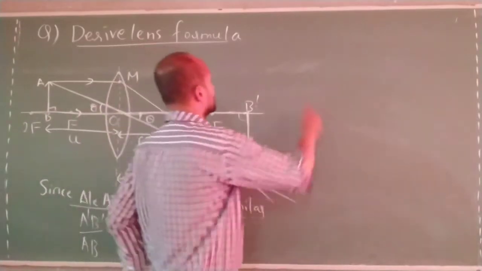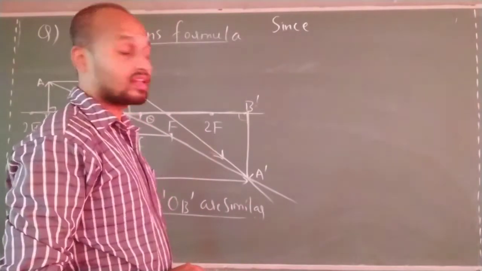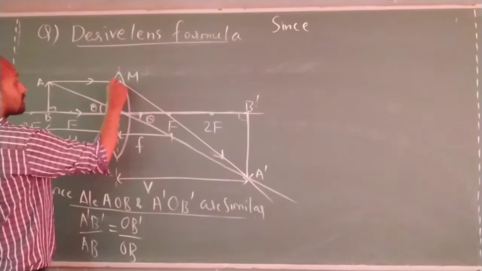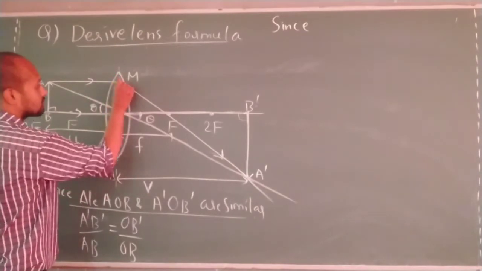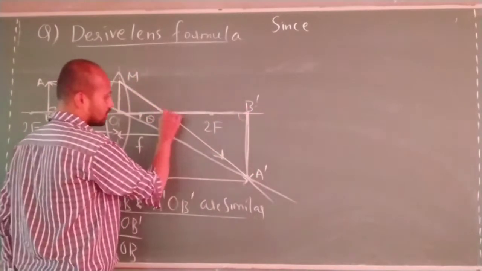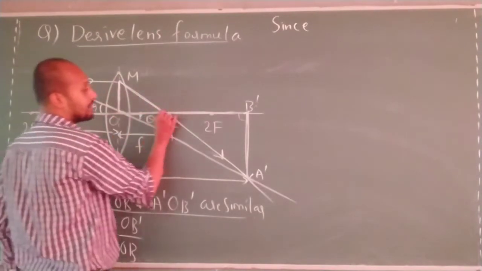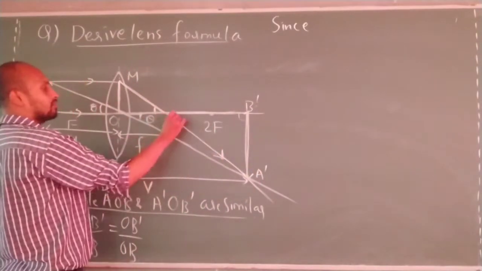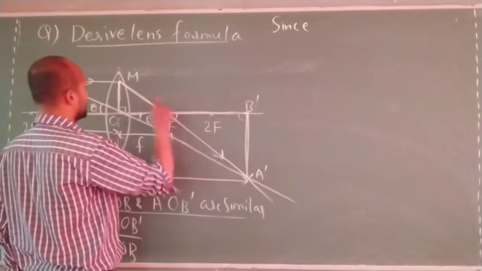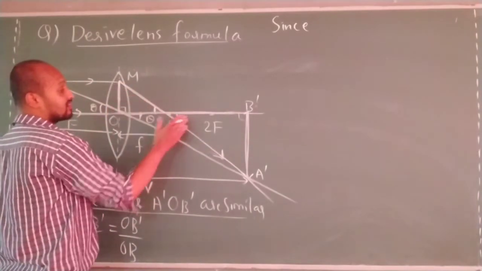Okay? Here again, since one more pair of triangles are similar, we'll see that. What are the triangles that are similar? Observe this triangle and this triangle. Okay? If you see this triangle and this triangle, this angle will be equal to this angle. So this angle is the same, this angle is 90, again this is 90. This angle will be equal to this angle, such that this triangle and this triangle are similar.